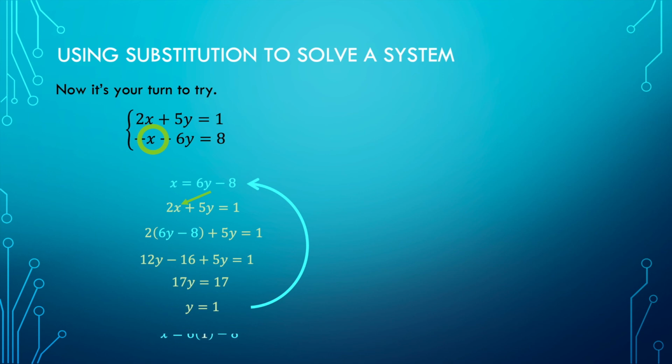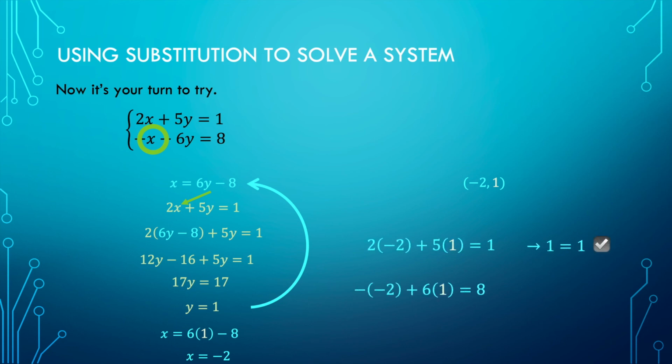So x is equal to 6 times 1 minus 8, also known as negative 2. So we think our solution is negative 2, 1. We will double check and make sure that it works in both equations, and we are good.